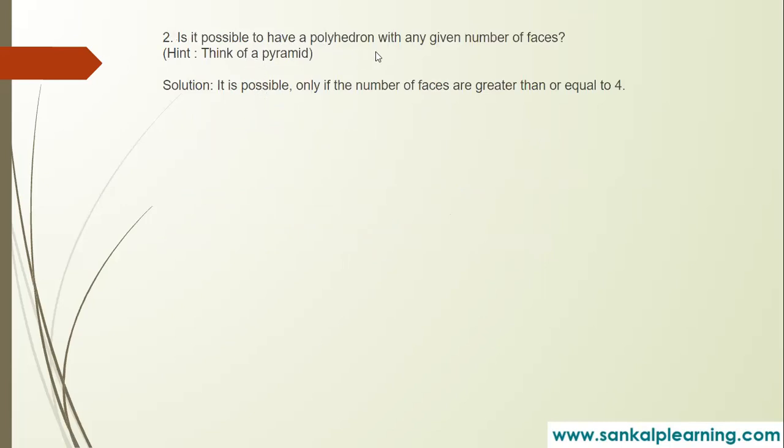Is it possible to have polyhedron with any number of faces? Think of a pyramid. Okay, only if the number of faces are greater than or equal to 4. At least we should have 4 faces, then only we can have a polyhedron.